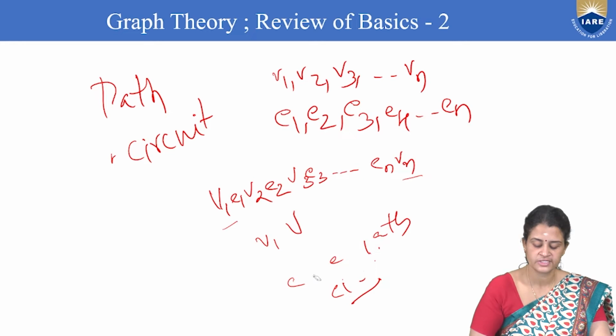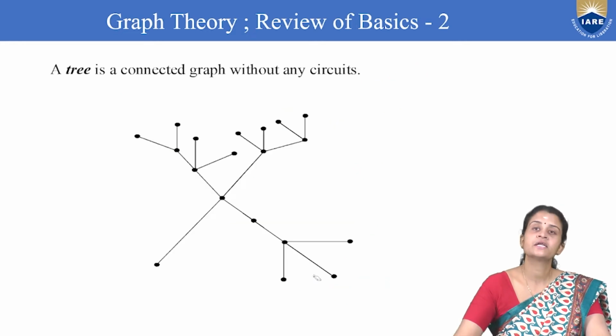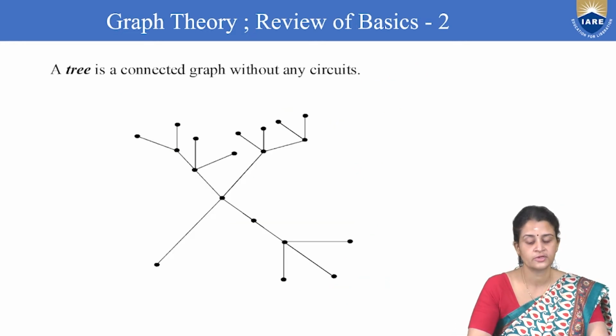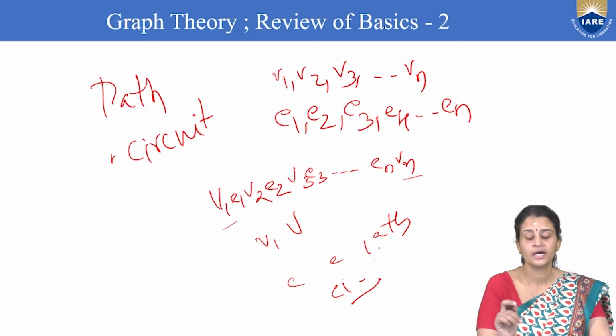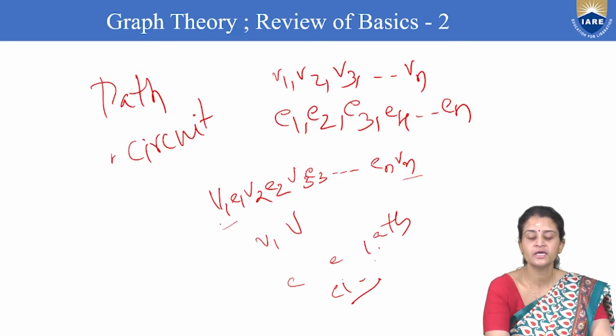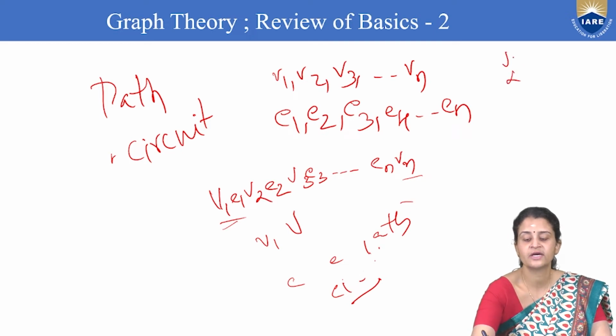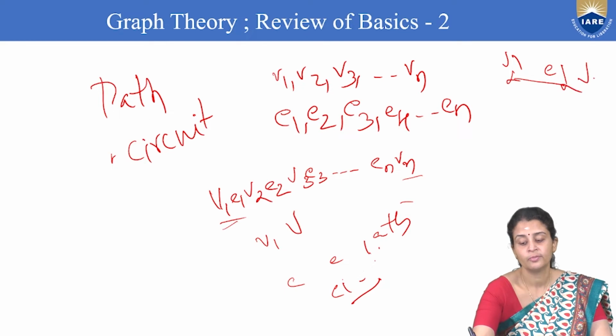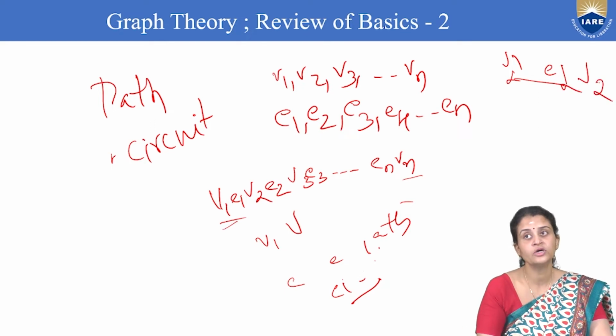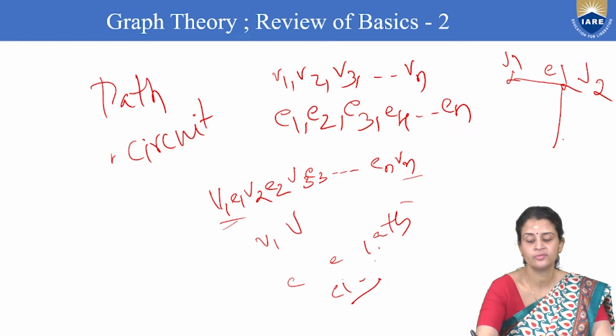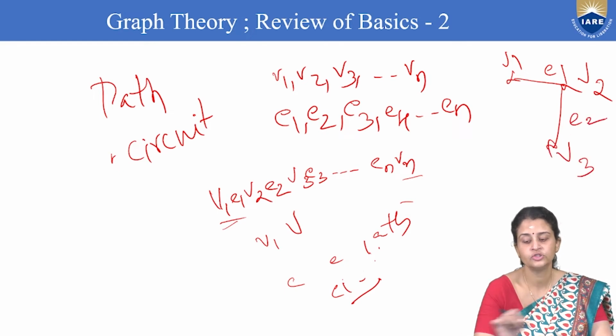Now, we will see what a tree is. A tree is a connected graph without any circuits. When V1 equals Vn, how will the path be? We start with vertex V1, then go through edge E1 to V2. From there, we go to V3 through E2 and so on.